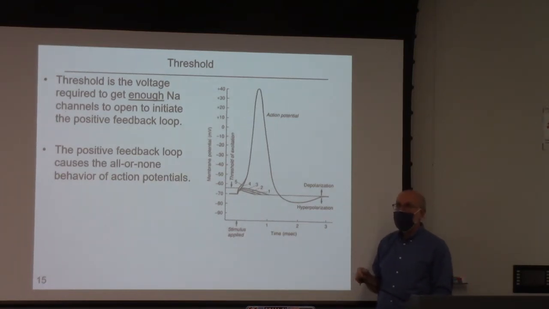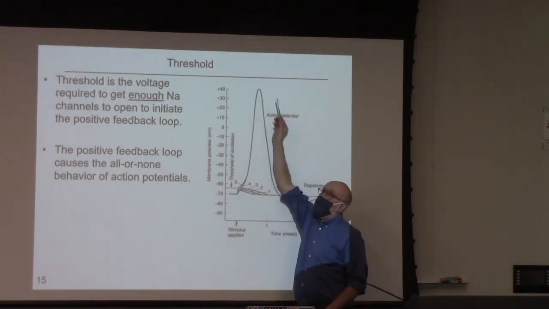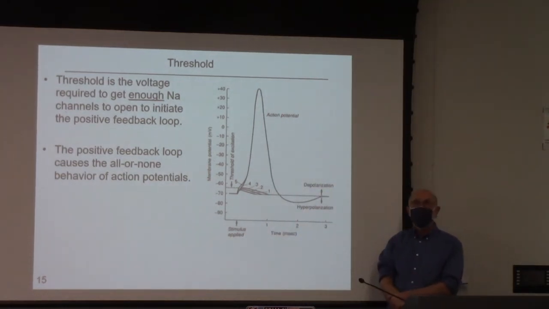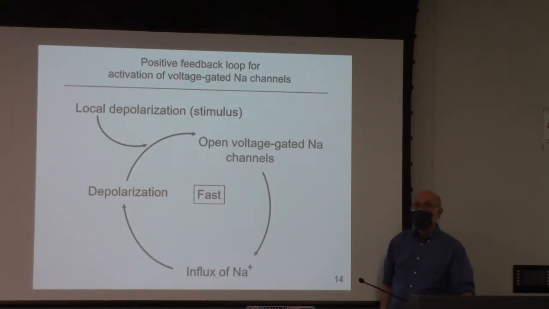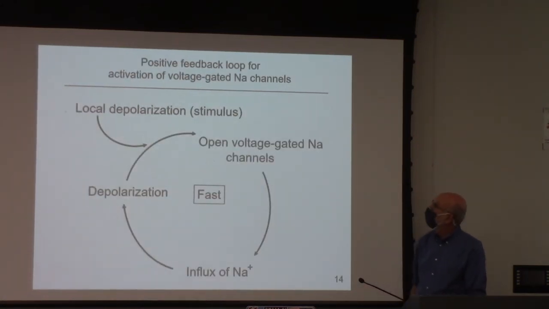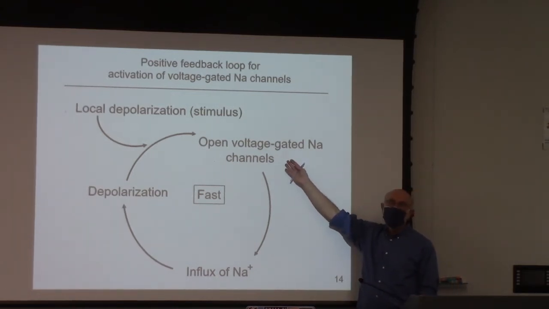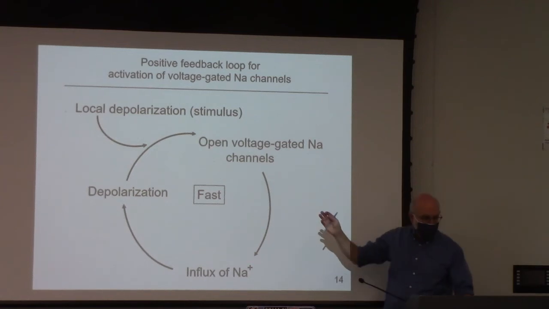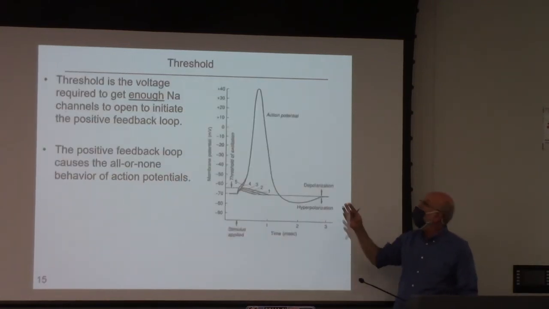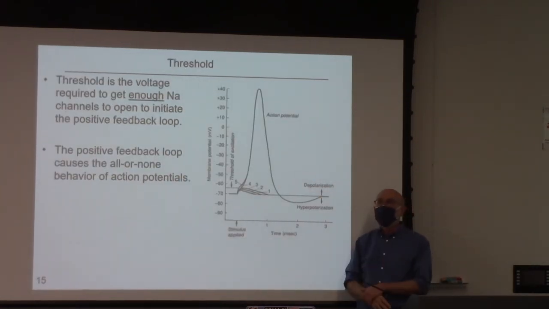Physiologically, this peak is determined by how many sodium channels you have to be opened by the positive feedback loop. If you have a smaller number of voltage-gated sodium channels, what is that going to do to the amplitude of an action potential in that neuron?